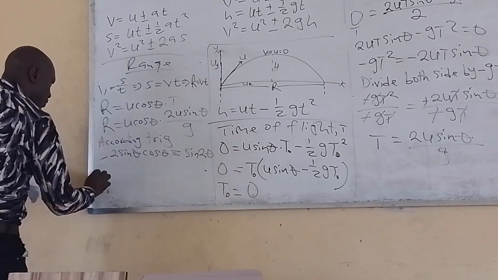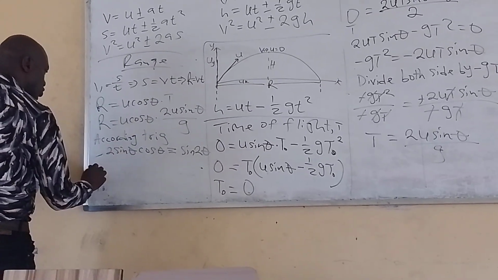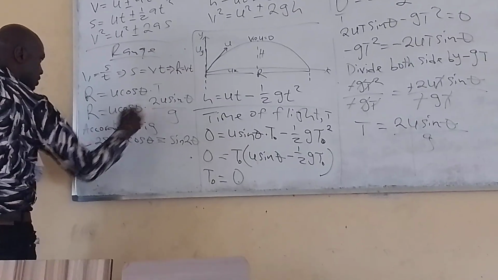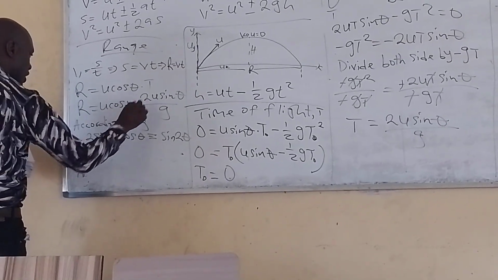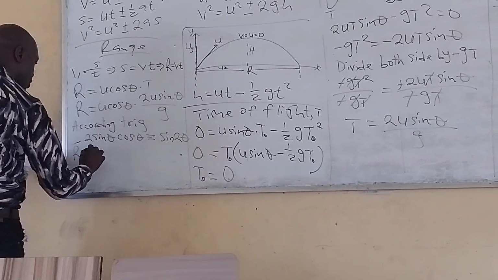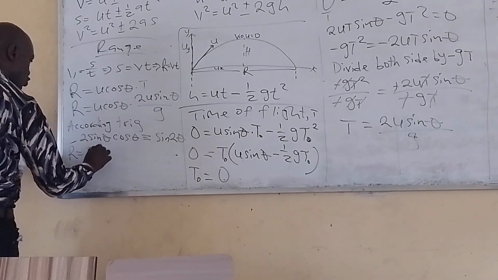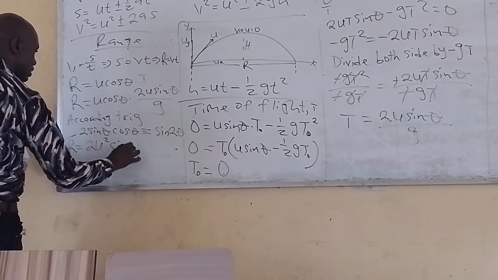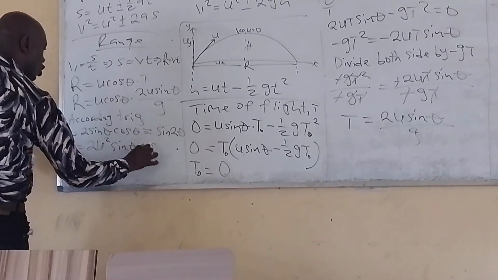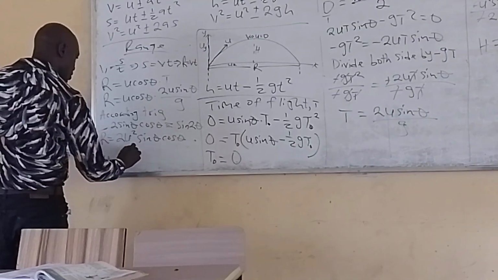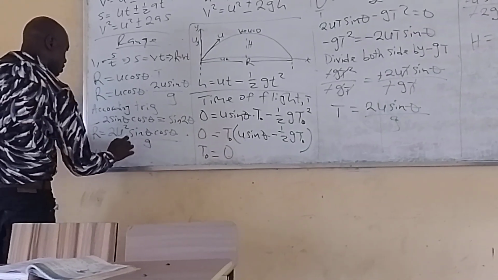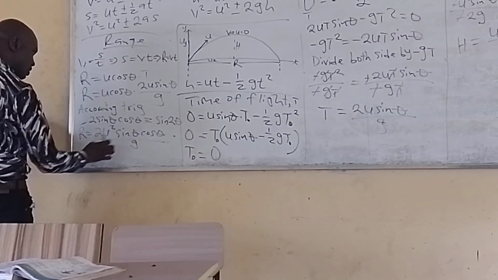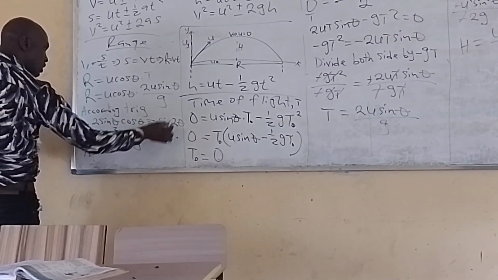So now I'm going to rearrange this to make more sense. R equals, I'm going to rearrange it. Here we have this to be 2u squared, sine theta cos theta all over g. But because of this trig that I put here, 2 sine theta cos theta is going to be sine 2 theta.